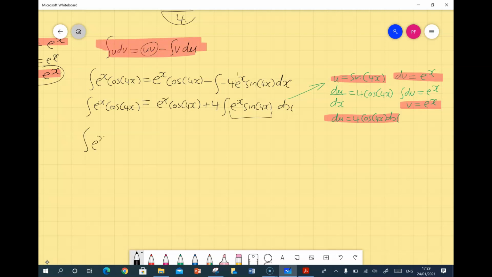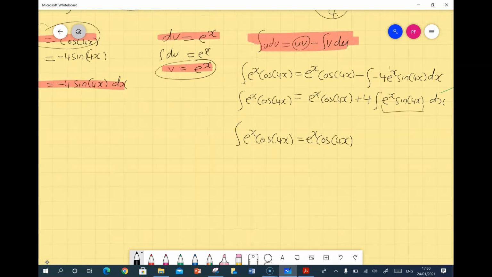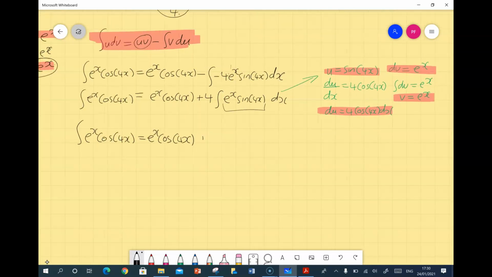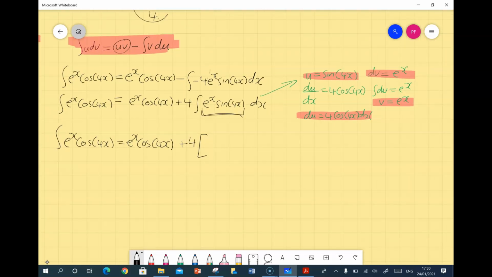So the integral of e to the power of x cosine of 4x equals e to the power of x cos of 4x plus 4 times, and now I have to do the integral of this.